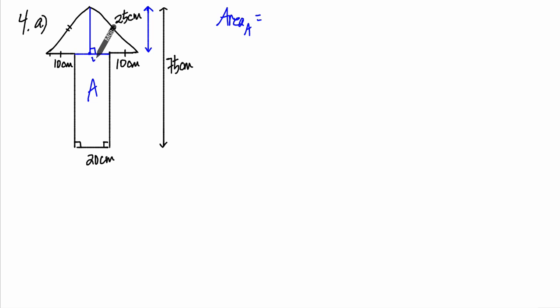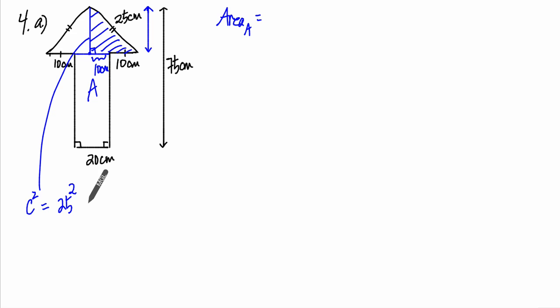And we know that this little part has to be 10 centimeters because it is half of the base of the tail of the arrow. So if I look at this triangle here, its base is equal to 20 centimeters. Its hypotenuse is equal to 25 centimeters. So the height of this triangle, which I'm going to call c, can be found using the Pythagorean theorem.